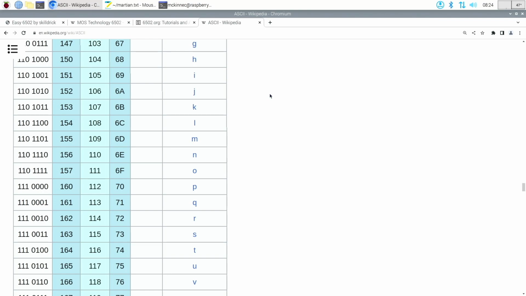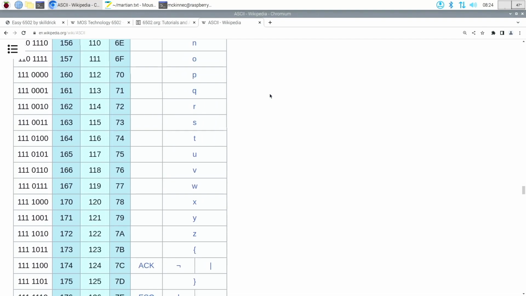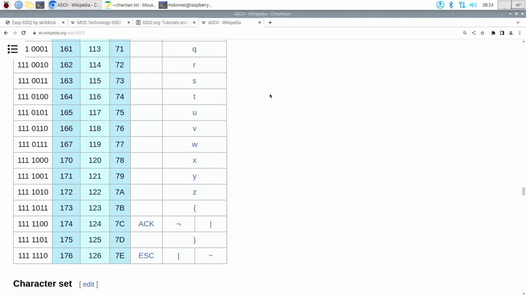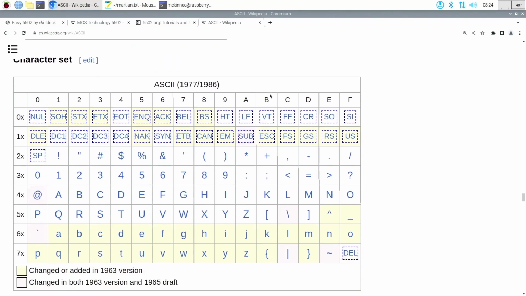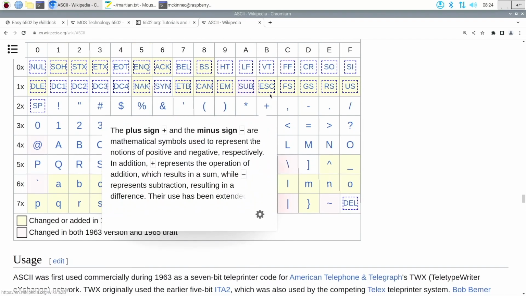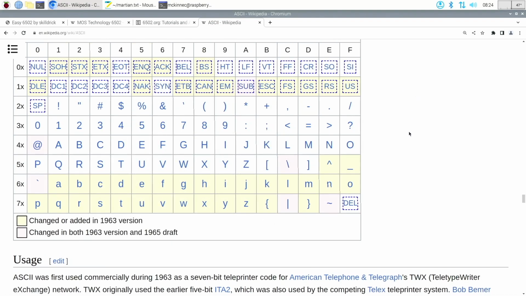So that only leaves us with 96 for actual alphanumeric characters, and then we basically run out of them here at the end. The last 3 are the vertical bar, the curly brace, the tilde, and they're missing one for some reason. 127. Oh, it's the delete. Yeah, okay.